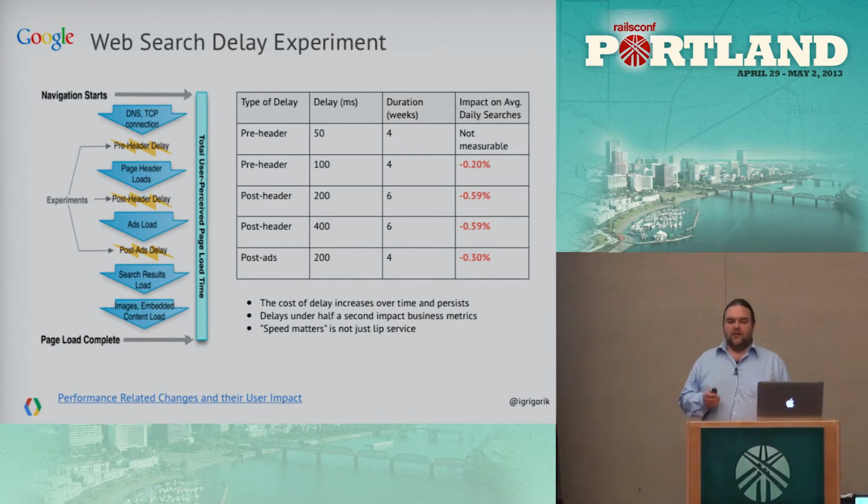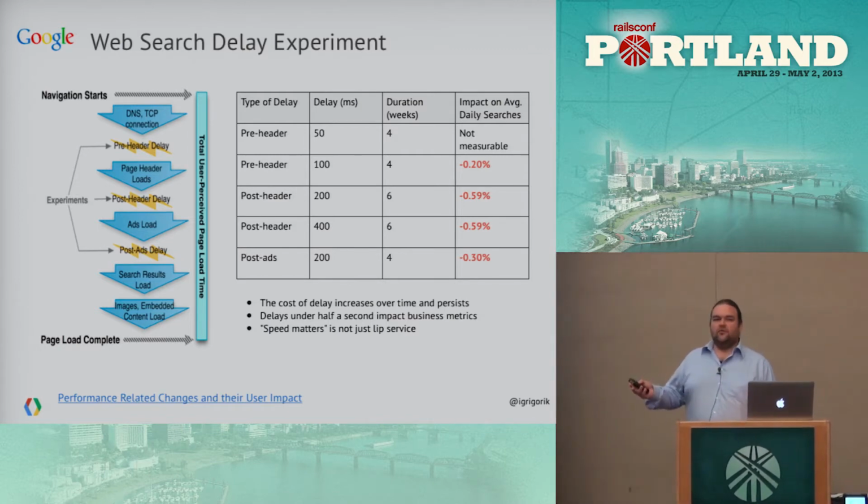And what might be even more interesting is, after they turned it off again, the users took up to 6 weeks to get to their old behavior. So a user of a web application has a specific behavior of how he uses that application. That's for any application. And they change that behavior depending on the speed of the application.